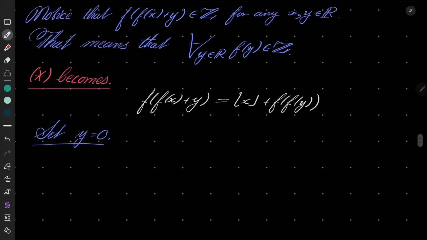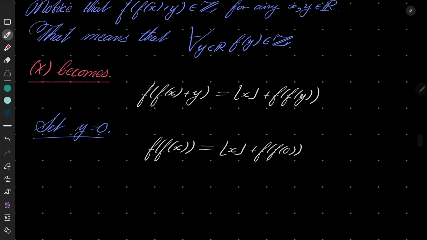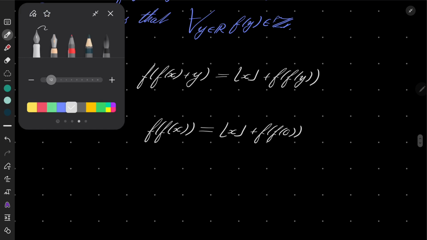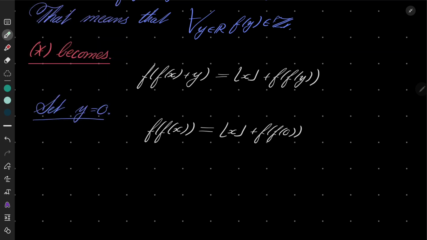If y is 0, we now know that f of x equals floor of x plus f of 0, some constant. And now I will use this equality to change f of y.